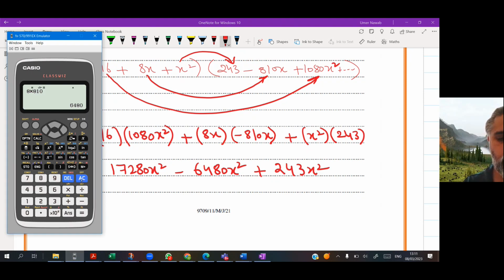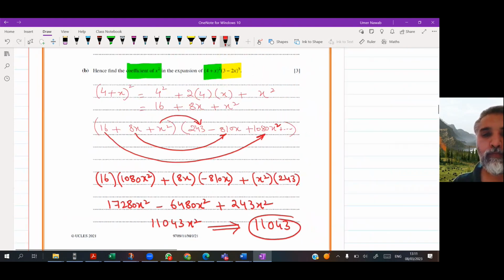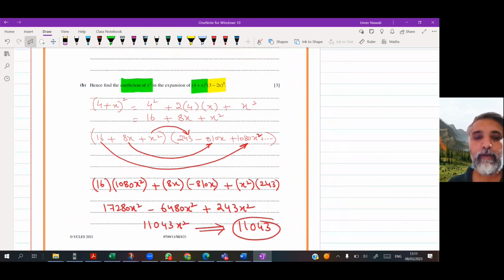Now let me copy all the values: 17280 minus 6480 plus 243 gives you 11043 x squared, but I'm looking for the coefficient of x squared, so 11043. So that's all with it.